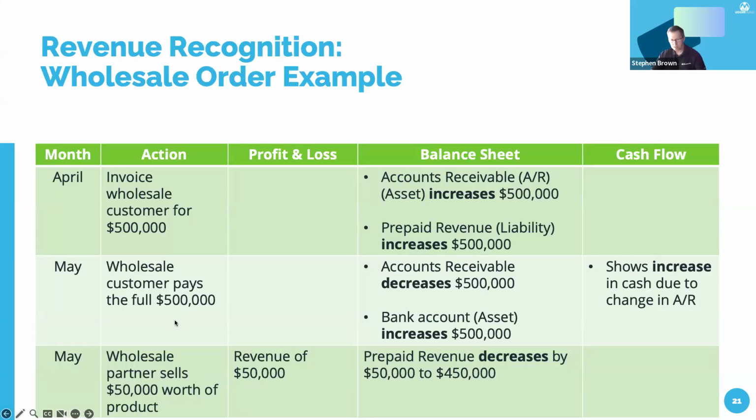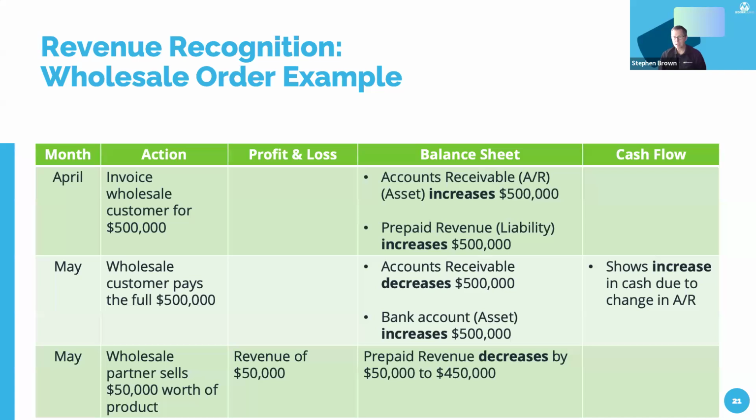Apologies, PowerPoint on Mac doesn't love me. And those balance out. Part of the thing about the balance sheet is the assets should always balance out with the liabilities and the equity. So if you add something on one side, you have to add it on the other. And that's what's happening here.